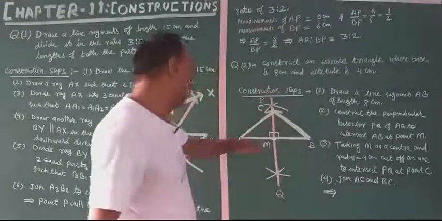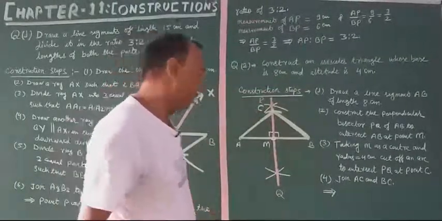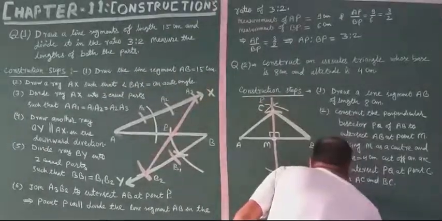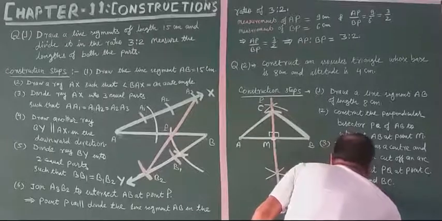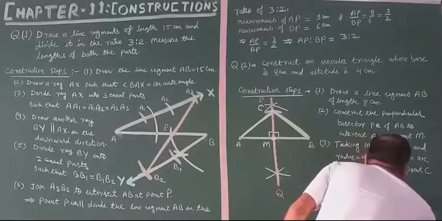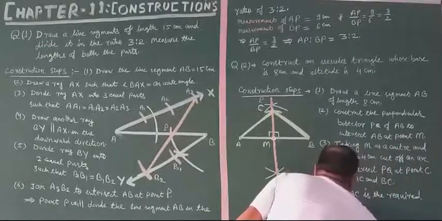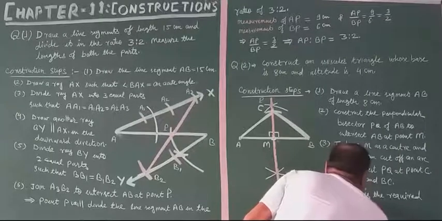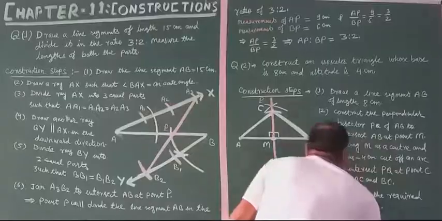And this ABC is the required isosceles triangle.